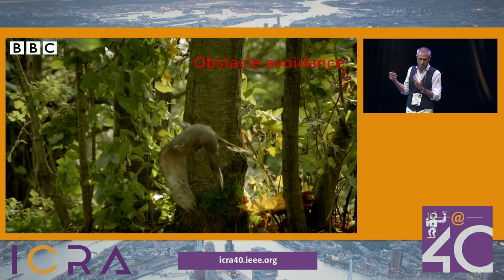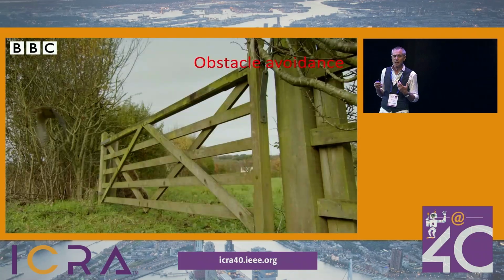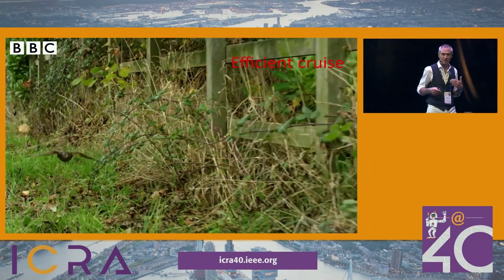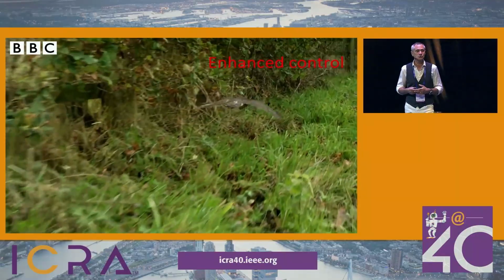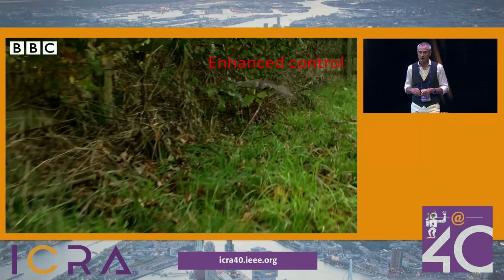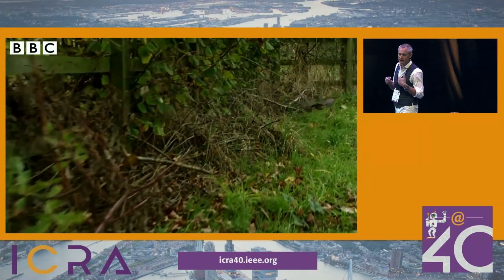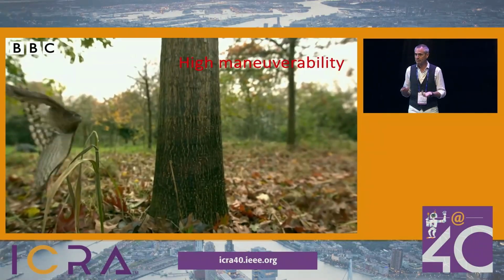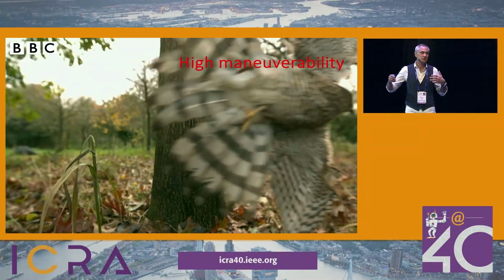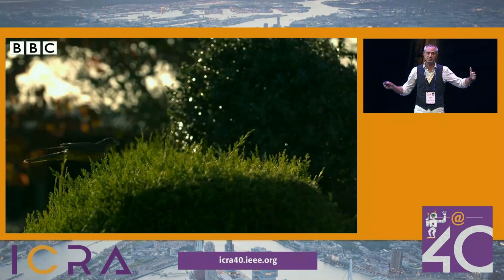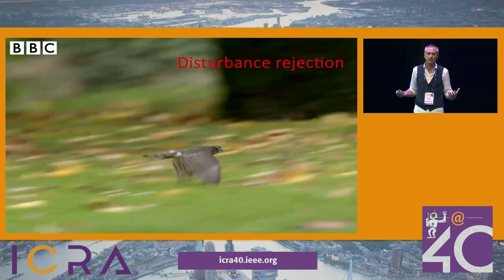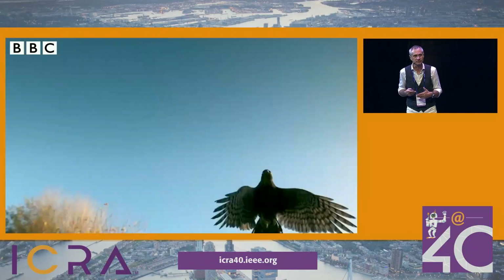And it turns out, and you may have seen this video before, that birds are not only capable of flying very efficiently for long distances without flapping a wing, but they can also perform very agile maneuvers. They can fly in confined spaces. They can avoid obstacles. And the way in which they do so is not so much because they flap the wings, but because they change the area and the direction of their aerial surfaces, which are the wings and the tail, compared to their velocity vector.